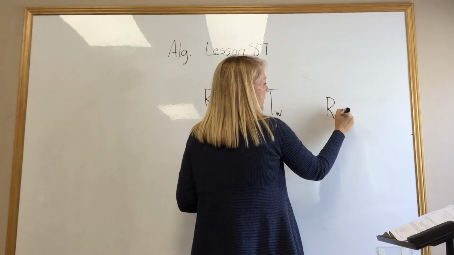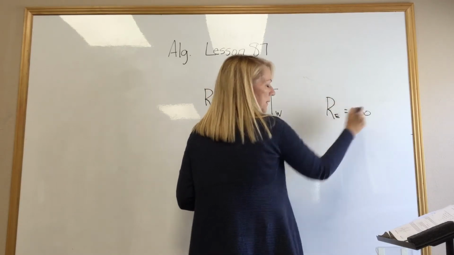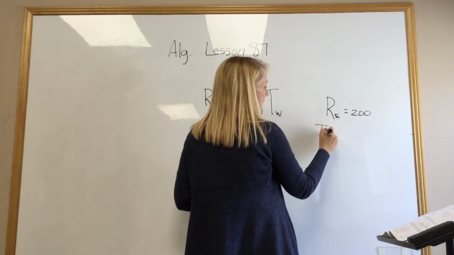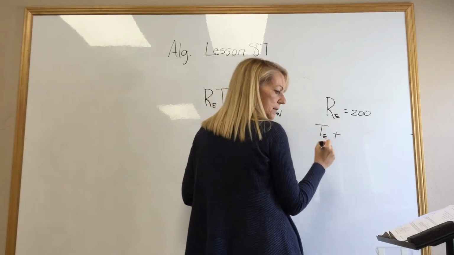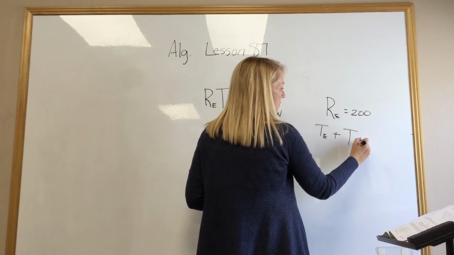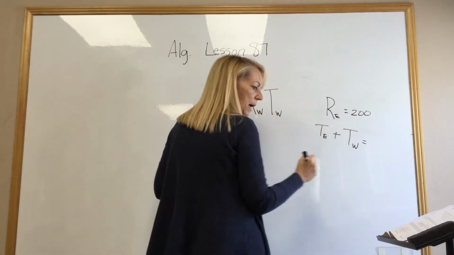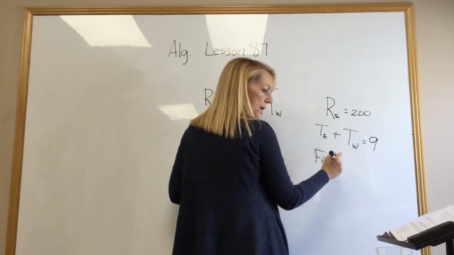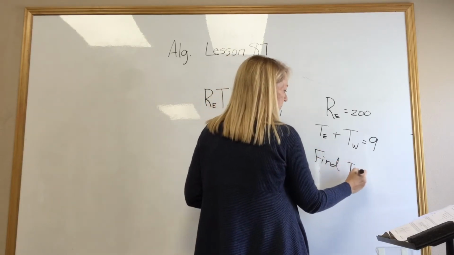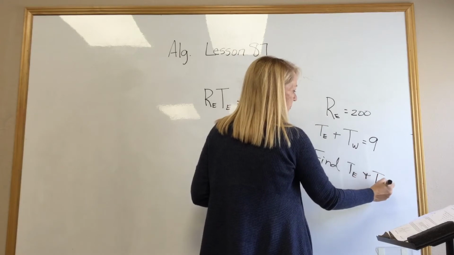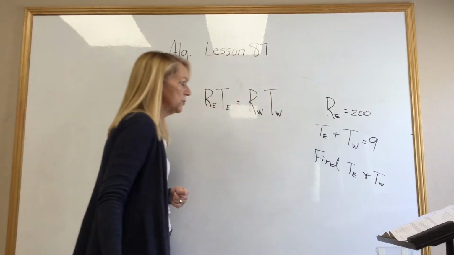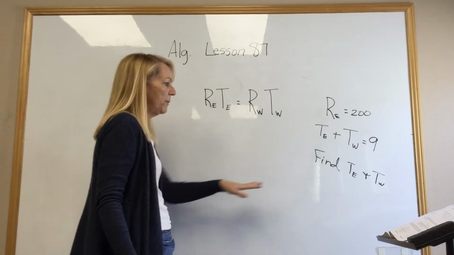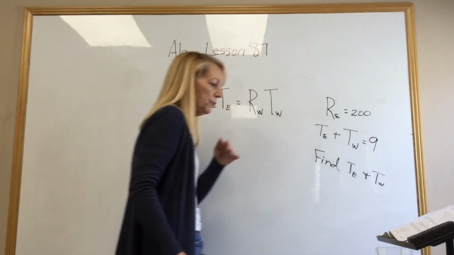R subscript e is equal to 200, t subscript e plus t subscript w equals 9, and they want me to find t subscript e and t subscript w. So we're not going to know either one of those right off the bat. We're going to have to find one and then find the other. However many variables there are, that's how many problems you're going to have to do.